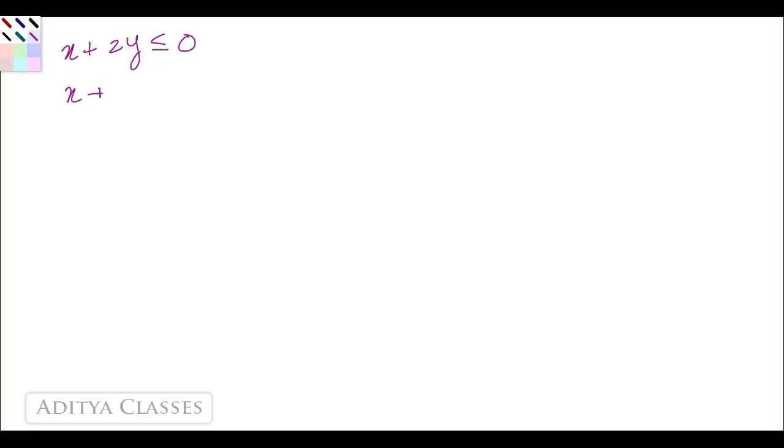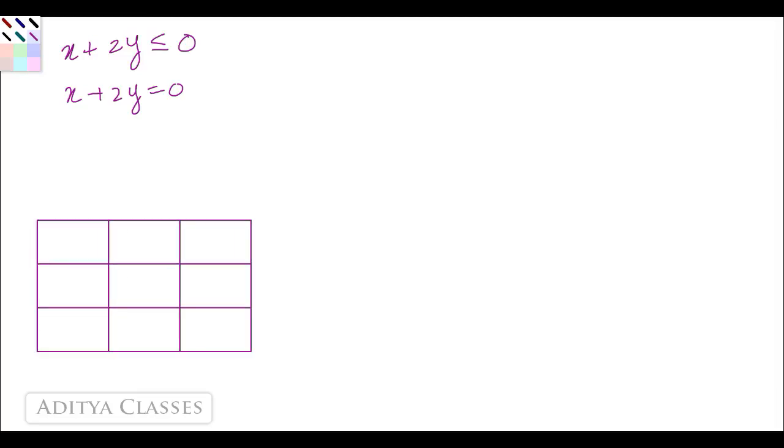First things first, I cannot work on less than, so let me convert it into x plus 2y is equal to 0. Next what I do is, I make a table where I'll have x, y, first point and second point.